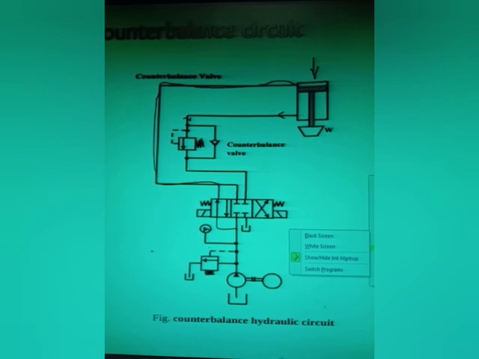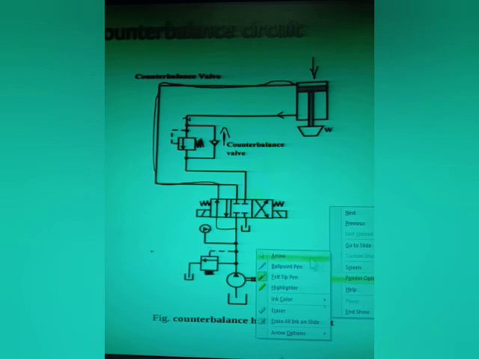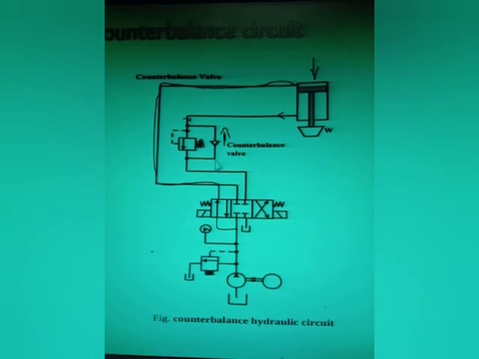In this direction the oil will only move through the check valve in the forward direction. So the oil will not come through this check valve. As the oil is coming from the actuator, it will not move through this check valve. It will also not move through this relief valve.